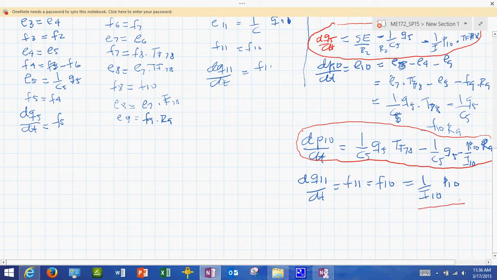And the last one is this. So you have those three equations. So the question is, can you do the block diagram from this? That's where we are. So let's just do that.